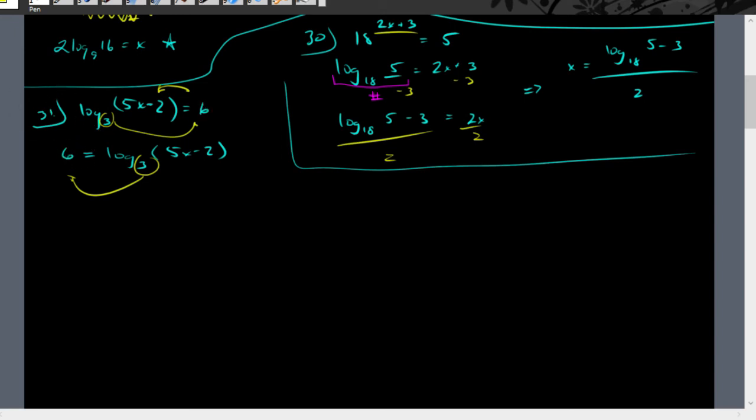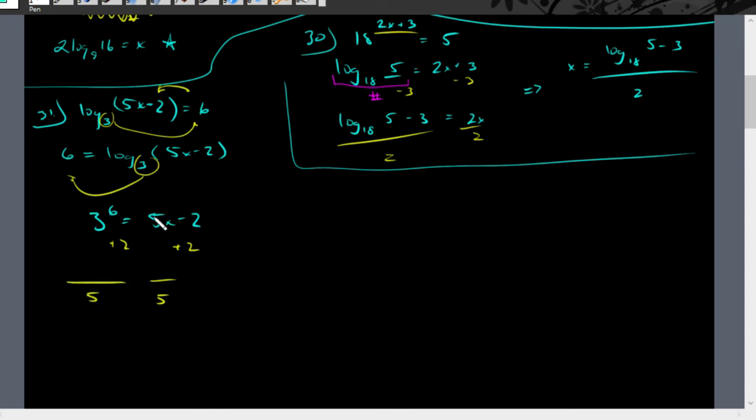So this is 3 to the 6th equals 5x minus 2. And again, don't worry about this. Just add the 2 and divide by the 5. So you want to add the 2, and then you want to divide by the 5.